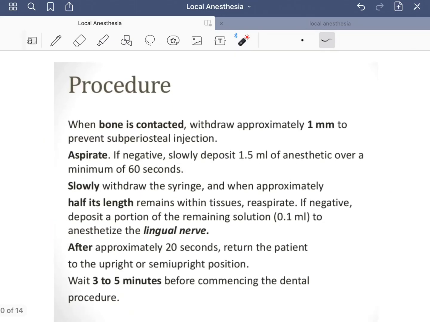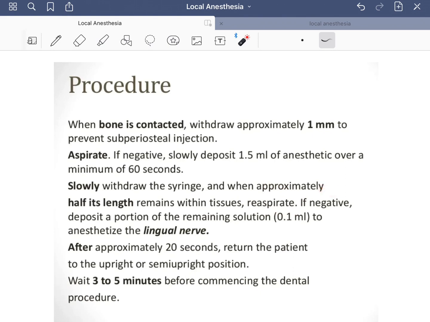When bone is contacted, withdraw approximately 1 millimeter to prevent subperiosteal injection. Aspirate. If negative, deposit 1.5 milliliters of anesthetic over a minimum of 60 seconds. Slowly withdraw the syringe, and when approximately half of its length remains within the tissue, re-aspirate.